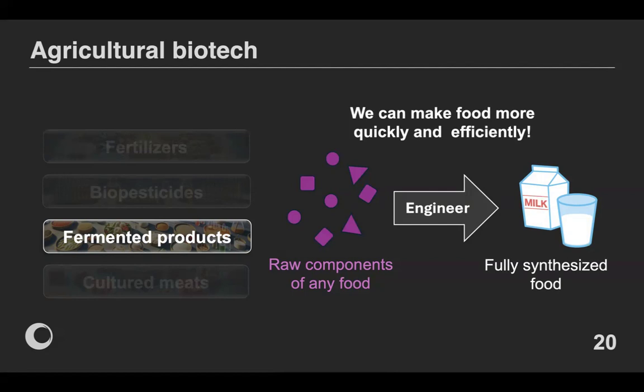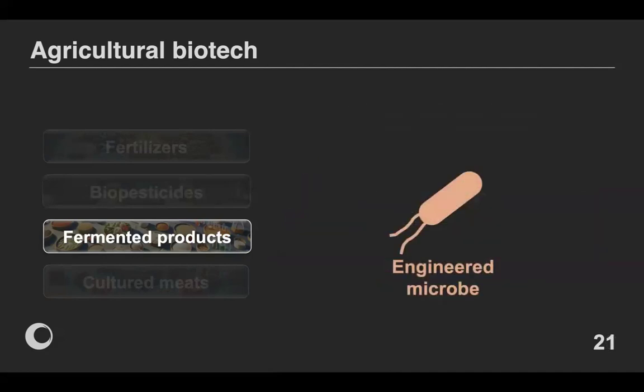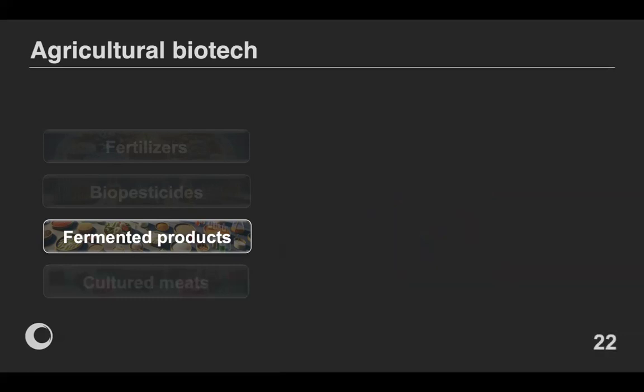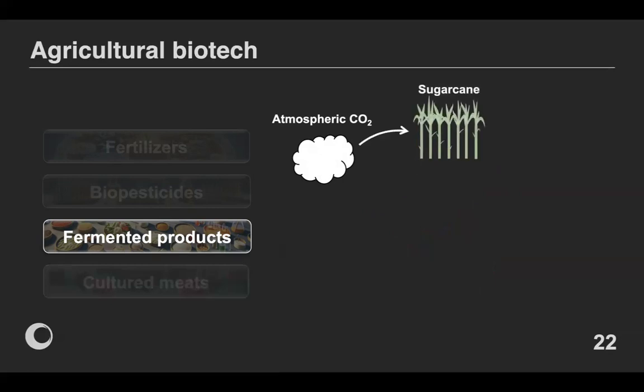And so instead of simply relying on nature and growing crops outside, we can start synthesizing a lot of the food that we like within a laboratory setting or on a factory floor. We can take a microbe and have these microbes make the raw components. If you have atmospheric CO2, it can go into sugarcane.